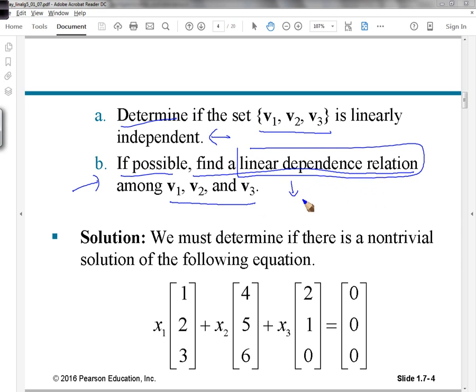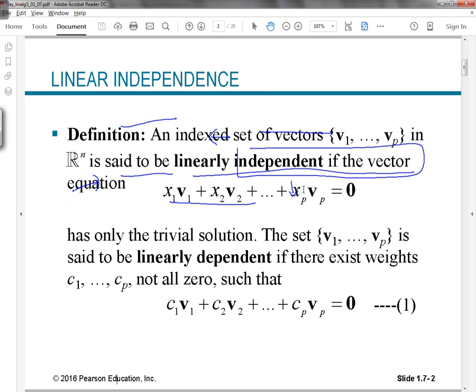That was the same as finding the non-trivial solutions for C1 through Cp, which are the linear combination coefficients attached to the original vectors in this vector equation form. So the linear dependence relationship is actually the same as finding out what C1 through Cp are.